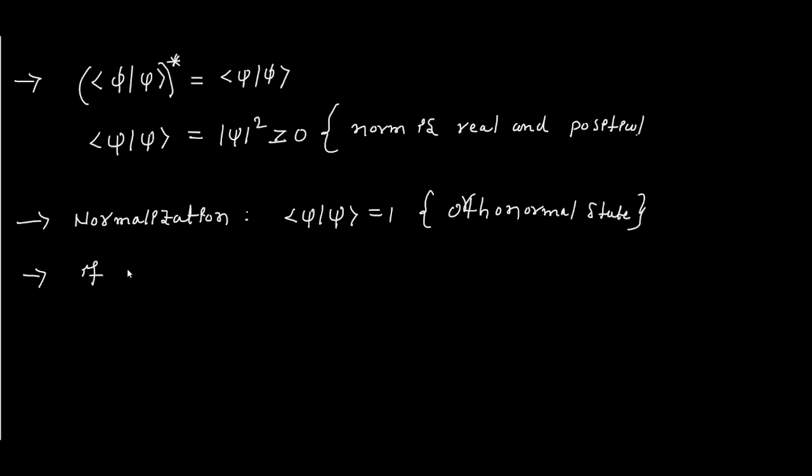If phi and psi are orthogonal, then we can write like this: two different states of the system equal to 0. Then we can call the states orthogonal states.